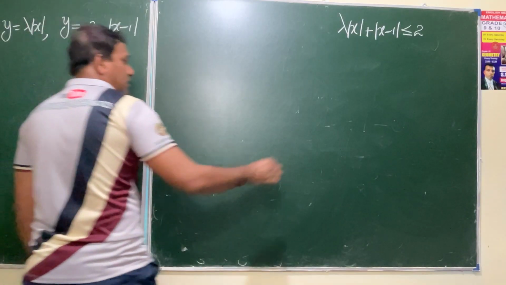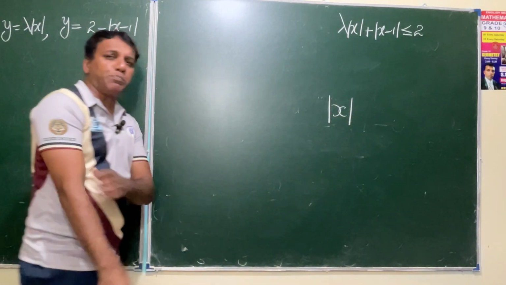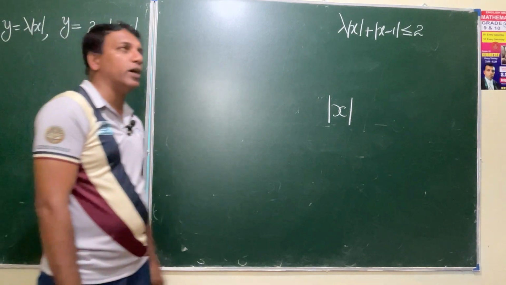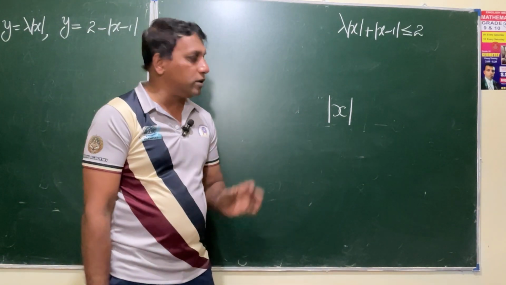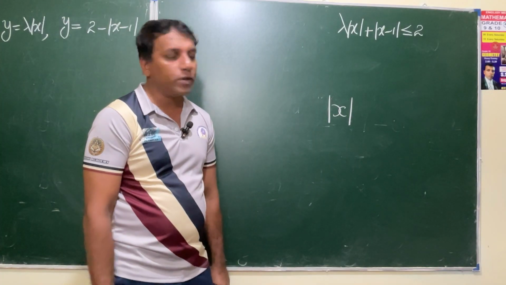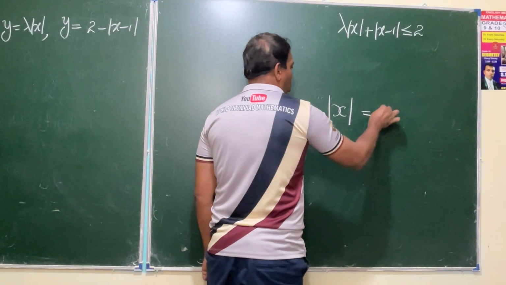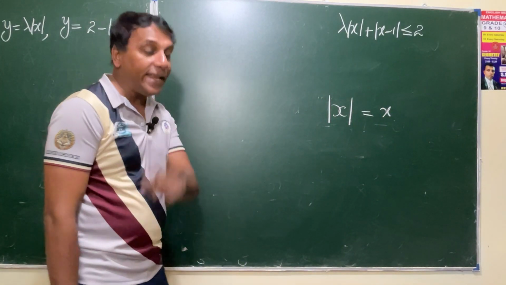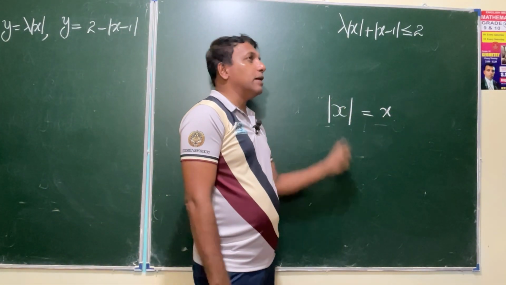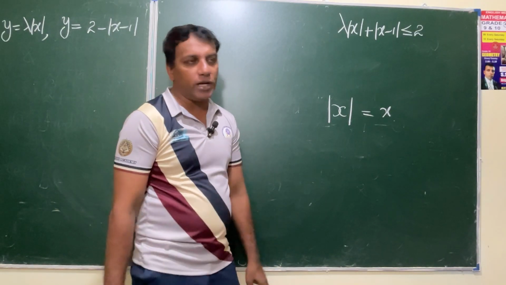Okay, basically, what is the property of the absolute value? Mod x, the definition of the modulus of x, is the absolute value, or the real positive part. So the definition is: mod x equals x when what is inside the modulus sign is positive.